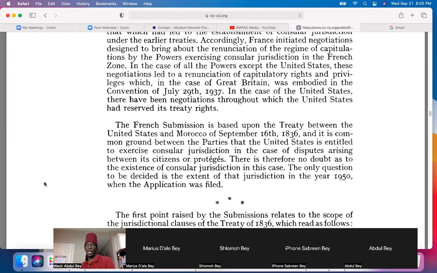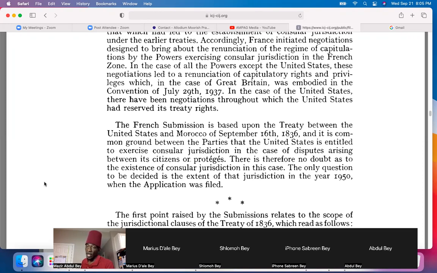Right, so let's read that again. We got a clear understanding. The French submission is based upon the treaty between the United States and Morocco of September 16th, 1836. And it is common ground between the parties that the United States is entitled to exercise consular jurisdiction in the case of disputes arising between its citizens or proteges.